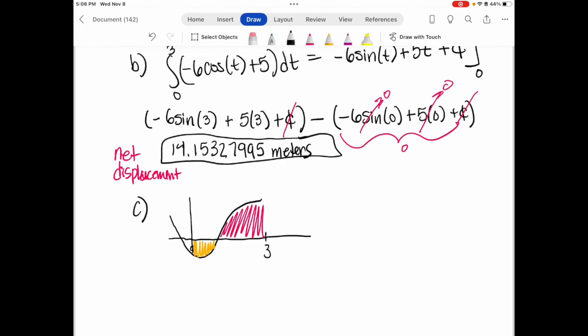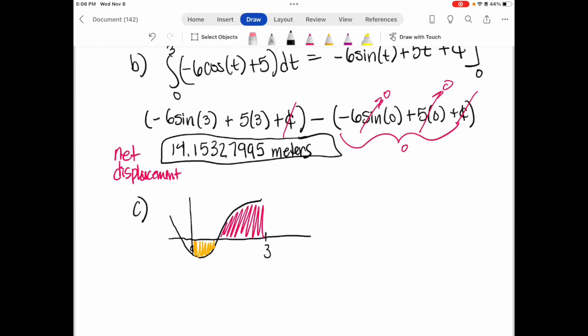So I need to find the areas of both of these, ignoring whether it's negative or positive, and just add them together. Just like when I gave you the example, if I move 3 feet forward and then I move 5 feet back, I moved a total of 8. In that case, I don't care about the direction. I just want the total that I traveled.